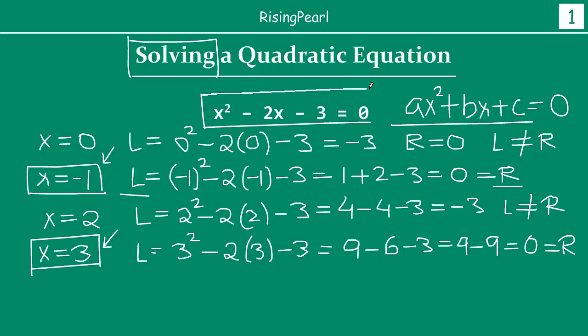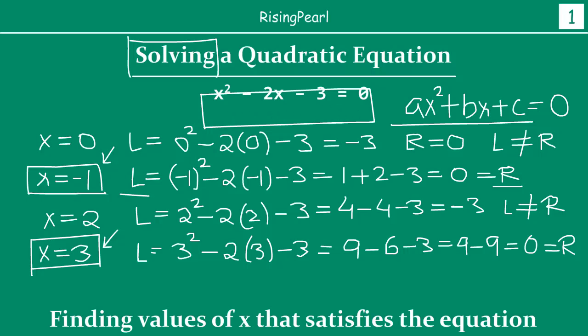Meaning when we say that we solve a quadratic equation, we are trying to find those two values for which the equation will be true. So solving a quadratic equation really means finding the values of x that satisfy this equation.